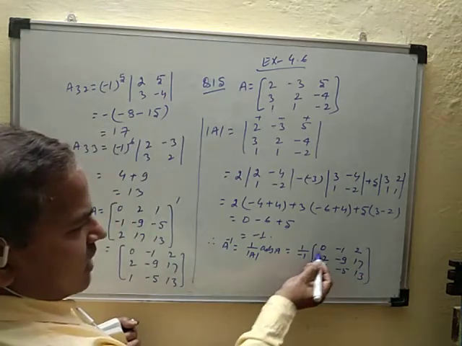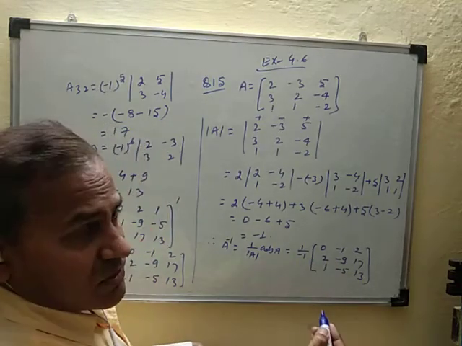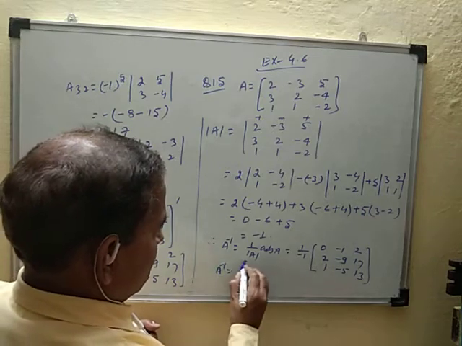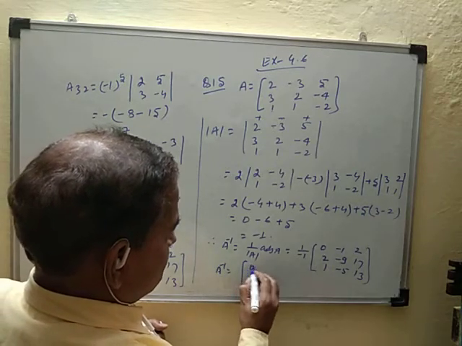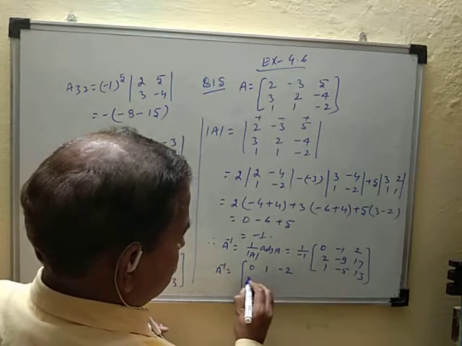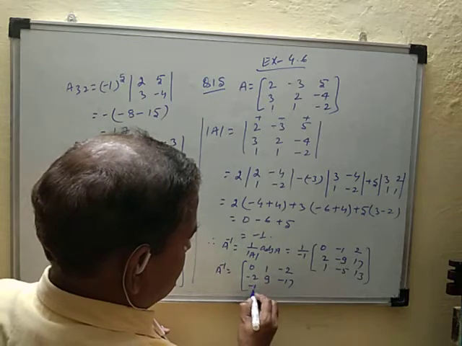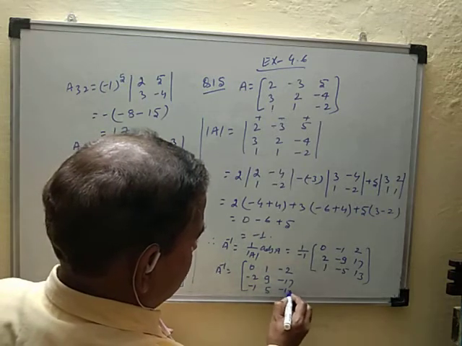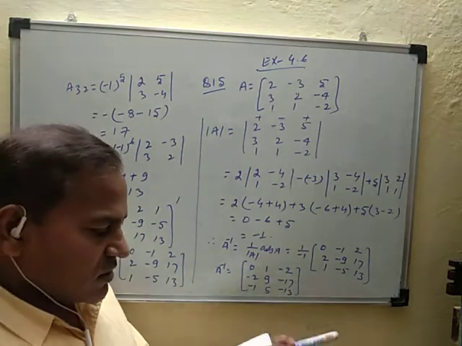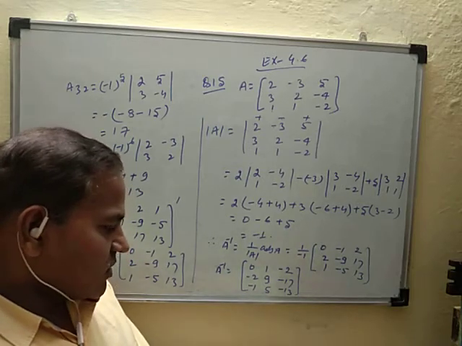Now multiply by -1. 1 by -1, that is -1. So multiply by -1. Therefore A inverse is 0, then sign changed, 1, -2, -2, 9, -17, -1, 5, -13. This is the inverse. You check the answer. Exercise 4.6, question number 15.